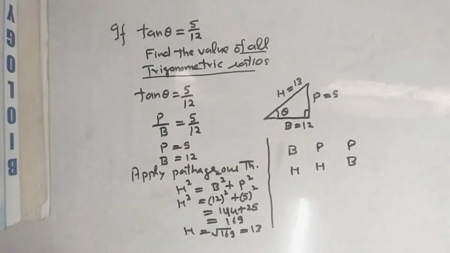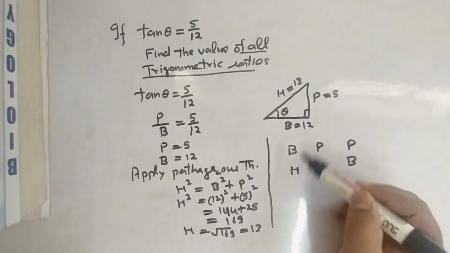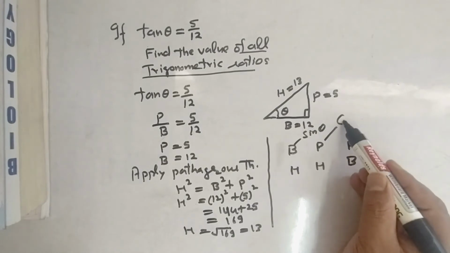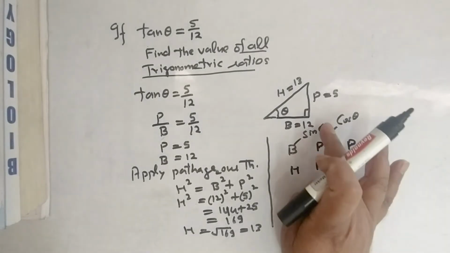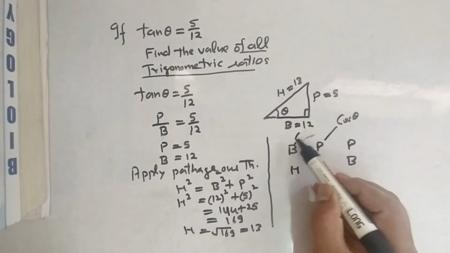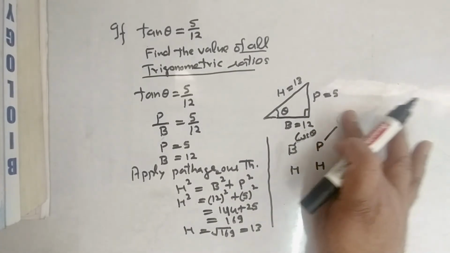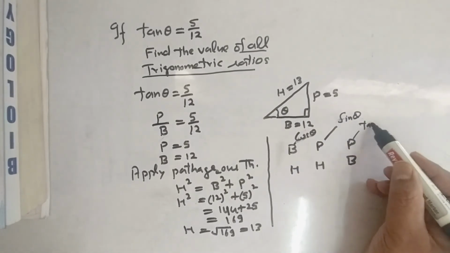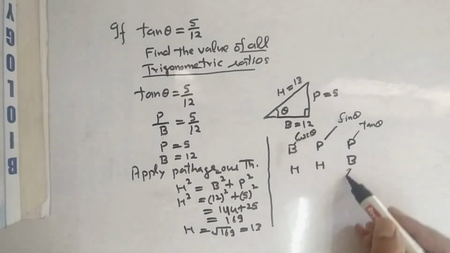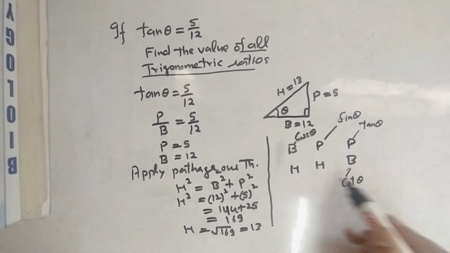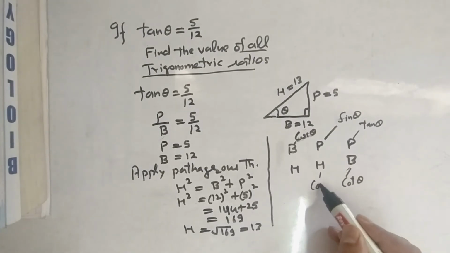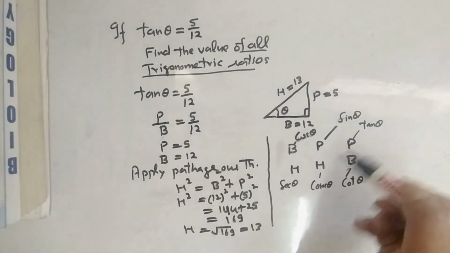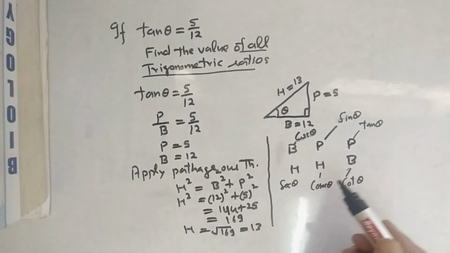Now see, base over hypotenuse is cos theta, perpendicular over hypotenuse is sine theta, and perpendicular over base is tan theta. Opposite to it, base over perpendicular is cot theta, hypotenuse over perpendicular is cosecant theta, and hypotenuse over base is secant theta. So this trick you can learn. There are several ways to learn it.